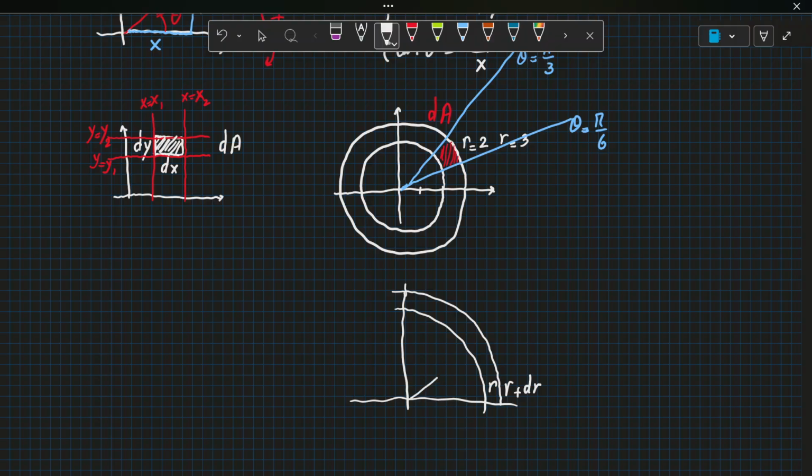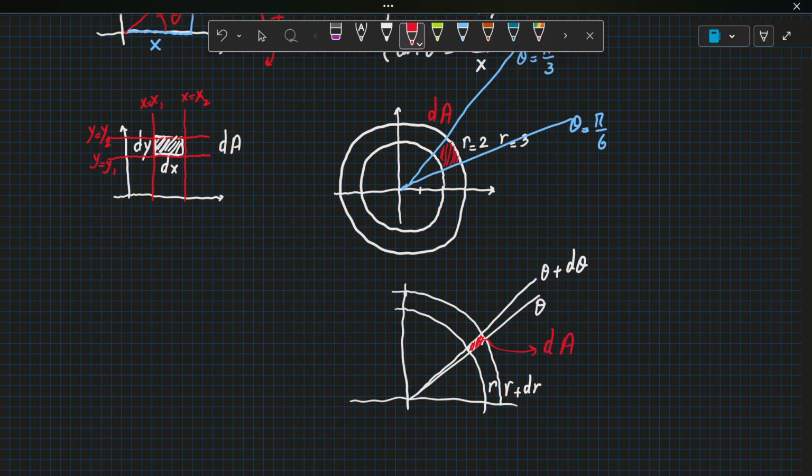Similarly, we are going to have some angle theta as one ray, and the nearby angle is going to be theta plus d theta. So the region we are going to look at might look like a rectangle, but of course it isn't. The two sides of it are circles, and the other two are not parallel either. So it's a special shape which we are going to use as a basis. This special region is going to be the dA for us in our problems.